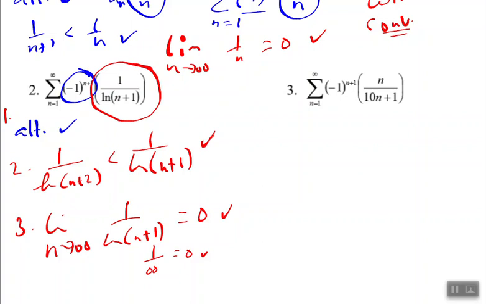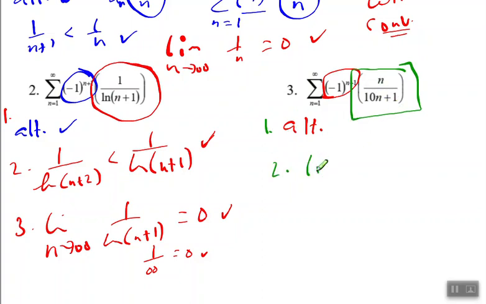So this last one, is it alternating? Sure, it is alternating. There's the alternating series part. Is it decreasing? I don't really know, but let's look at this, and hopefully something is screaming at you on this one.